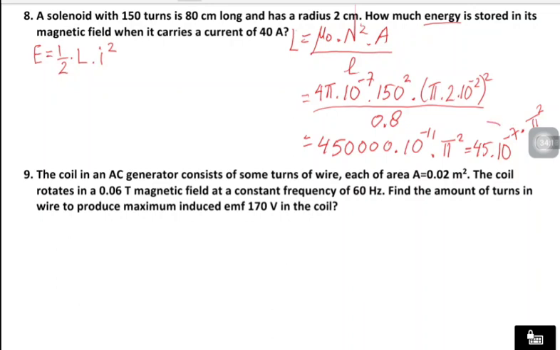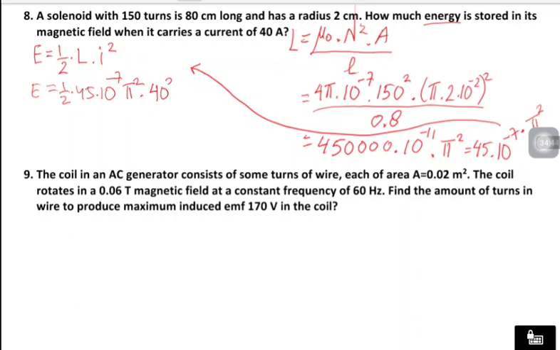This value we input to the energy formula, so that energy is 1/2 times 45 times 10 to the minus 7 power pi square times 40 square.